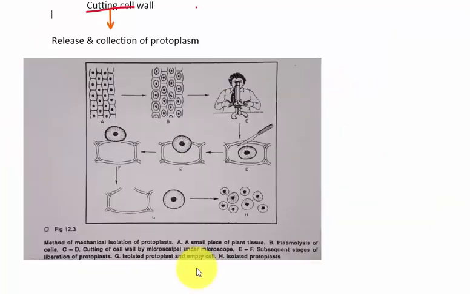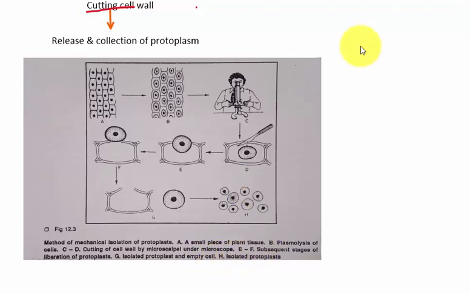For isolation of the protoplast, I take a small piece of plant tissue, then plasmolysis of the cells takes place. Then comes microscopic observation and cutting of the cell wall by a microscalpel under the microscope, then the subsequent stages of liberation of the protoplast, the isolated protoplast and the empty cell.